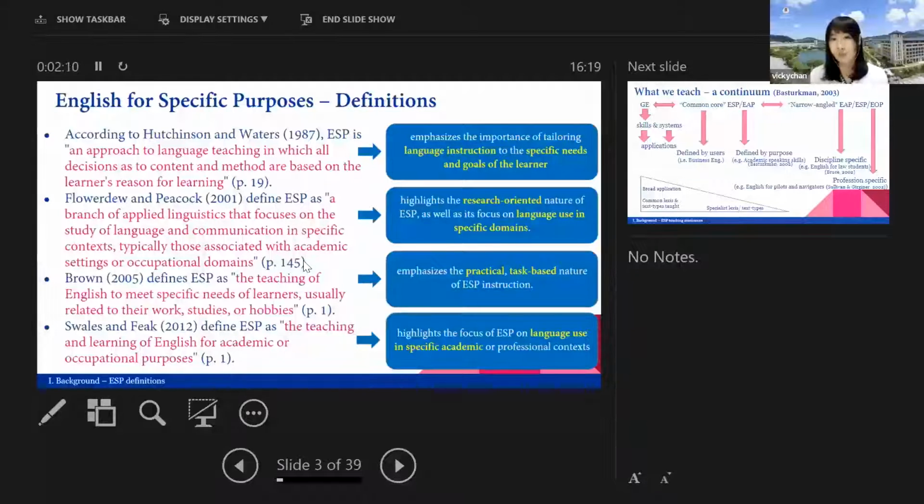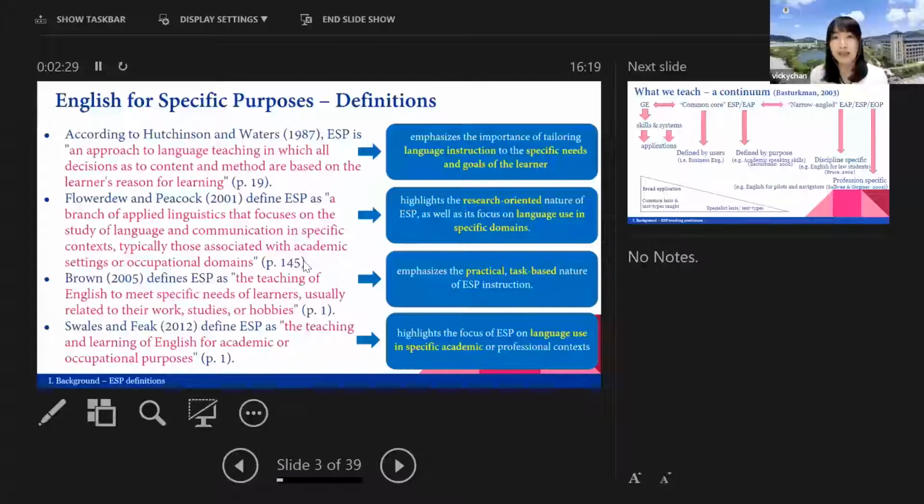This definition focuses more on tailoring language instruction to the specific needs and goals of the learner.